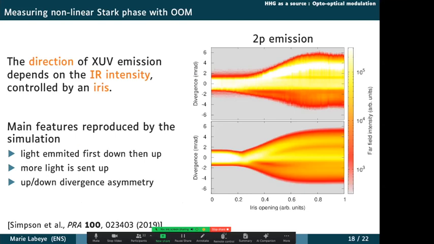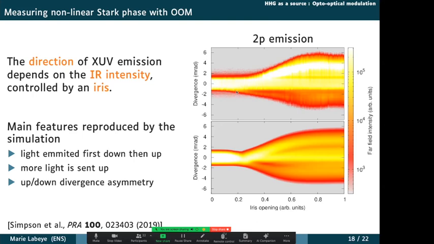And so we concentrated a little bit on the 2p because it's the most peculiar. And to better understand why it goes both up and down, they changed the intensity of the IR that they sent. It was actually not directly the intensity; they put an iris on the path of the beam. And as a function of iris opening, you see that if there is no IR, there is no redirection of the beam.